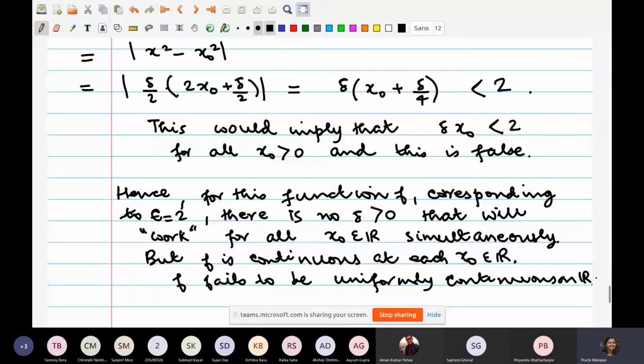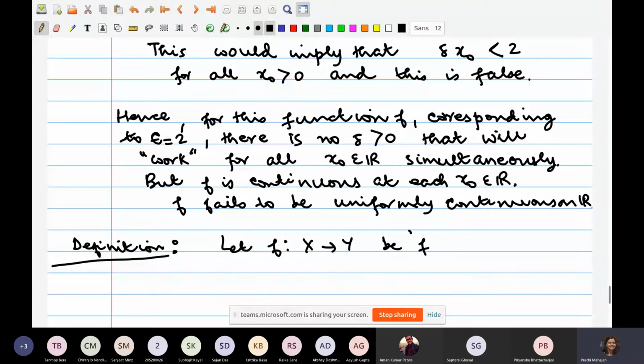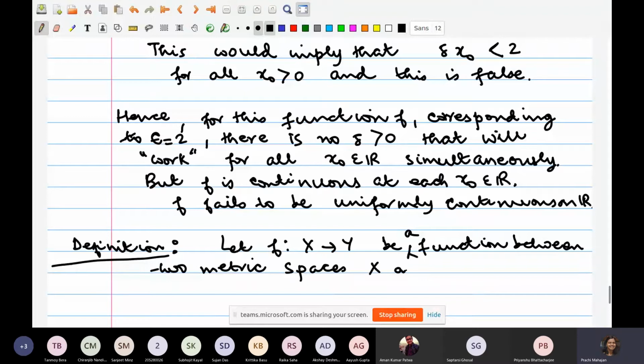Let me recall the definition of uniform continuity, in case you've forgotten. Let f be a function between two metric spaces x and y.